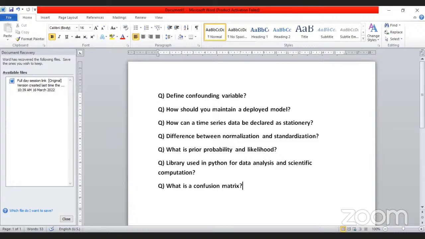True positive denotes all those records where the actual values are true and are predicted as true. Out of all the positive records, how many we have predicted as true.